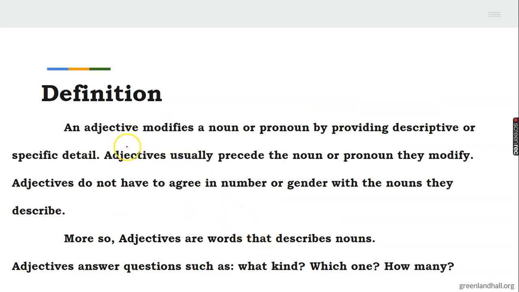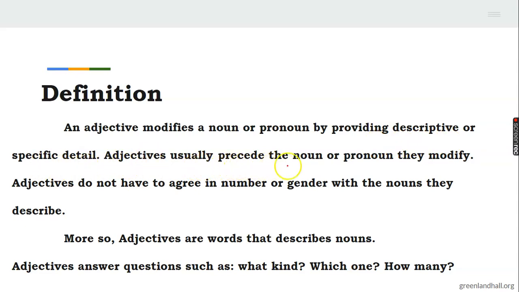An adjective modifies a noun or pronoun by providing descriptive or specific detail. You can also say adjectives are words that modify a noun or pronoun by providing a descriptive or specific detail.